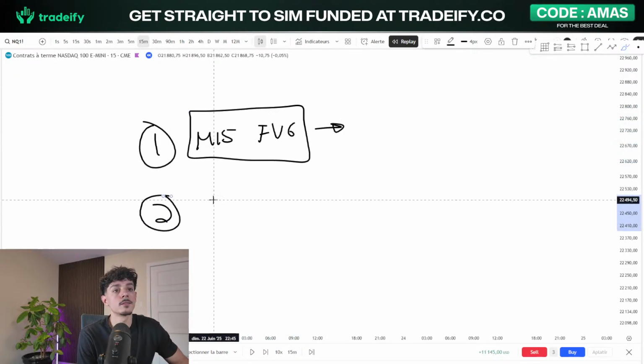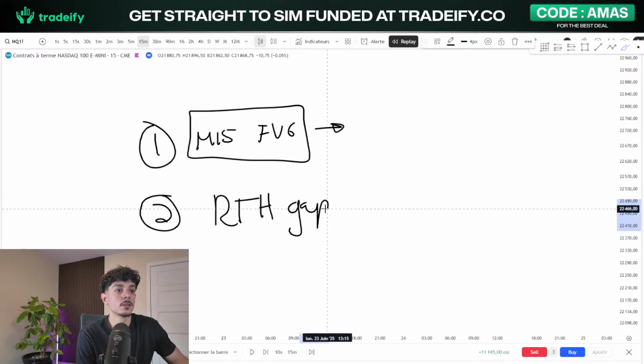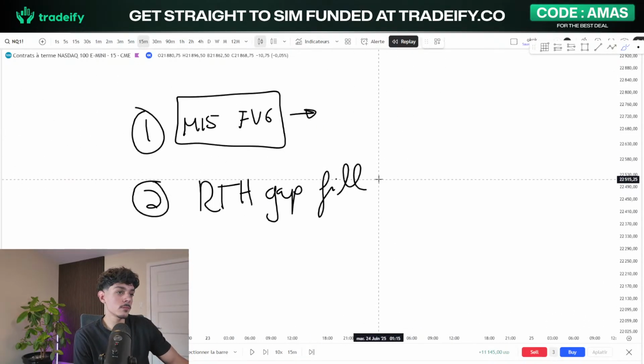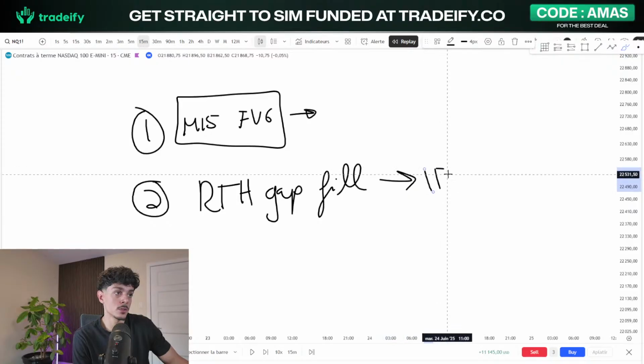And 2, you have the RTH gap fill, which is another framework used. You're using the same thing, IFVGs, as your entry model.